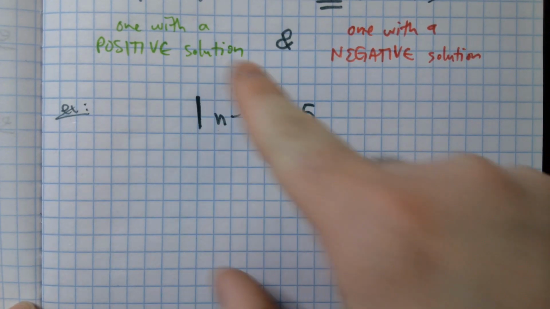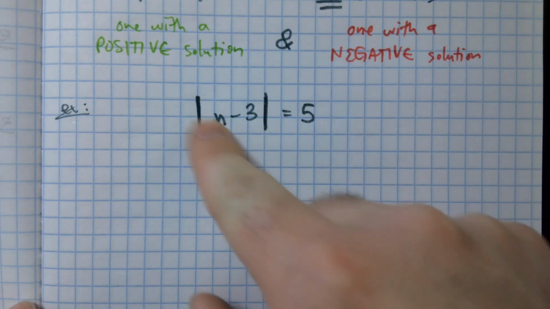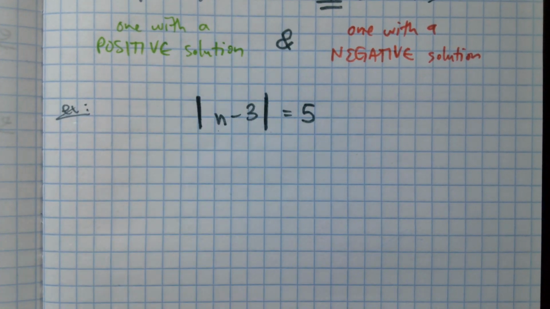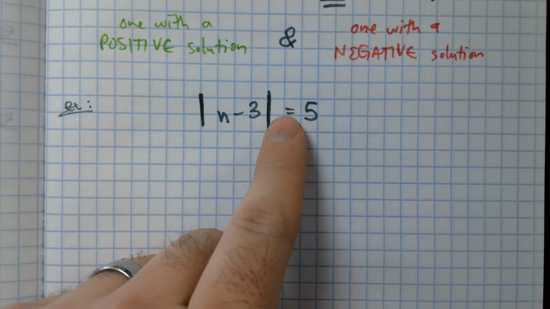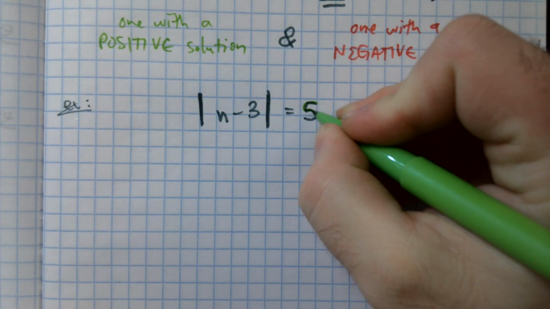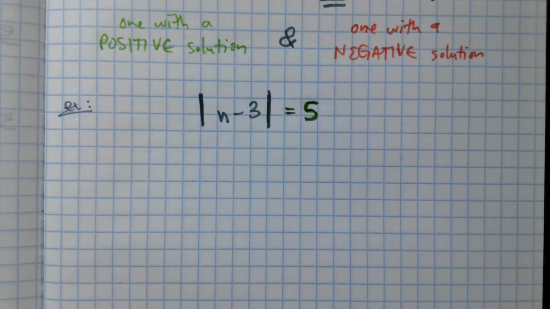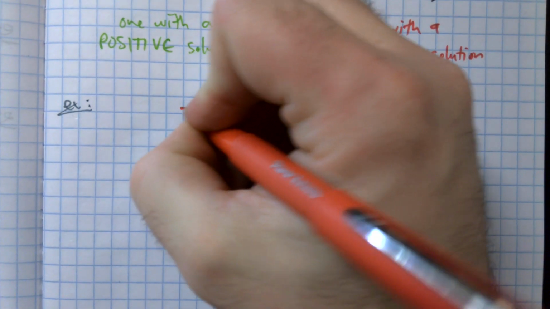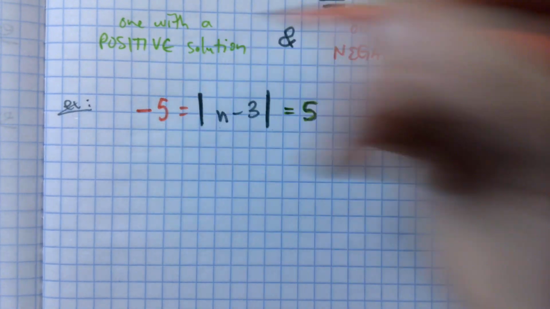Now, this expression here, the absolute value of n minus 3, represents a distance, and in this case, it's equal to 5. So because 5 is positive, I've got half of my equation set up already. But I want to split this into 2 scenarios, one with a positive solution and one with a negative solution.